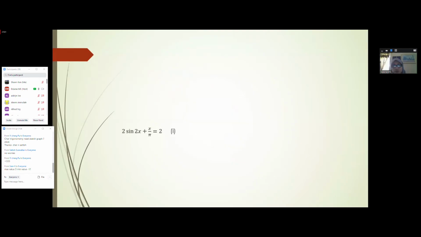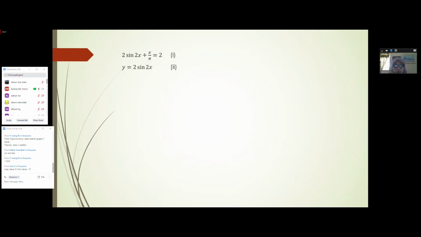Okay, now, second part of the question. You have to solve this equation 2 sine 2x plus x over pi equals to 2. And you already sketched y equals to 2 sine 2x. Okay, so I have these two equations here.